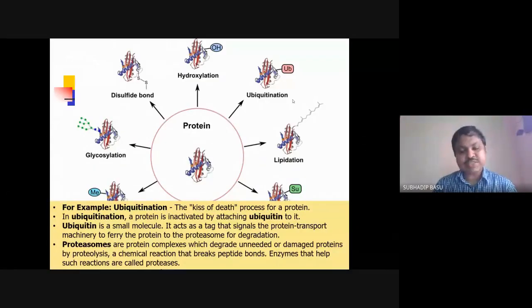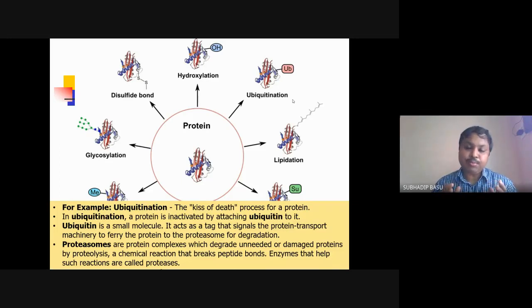We'll see some of these examples even in our course and even today's lecture. What is proteolysis? Proteolysis is a process when it breaks the peptide bonds. The enzymes that help such reactions are called proteases.